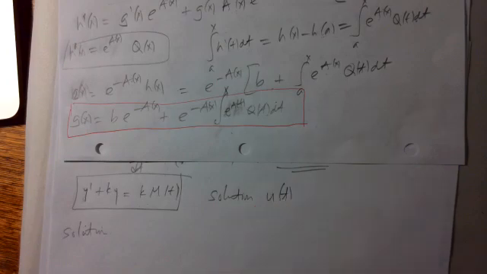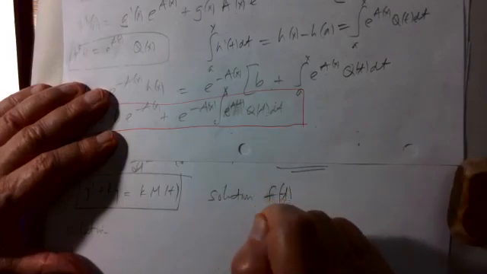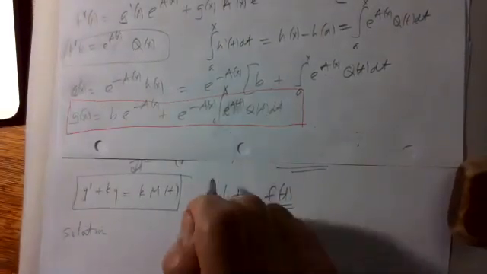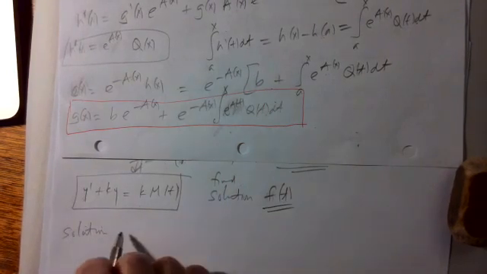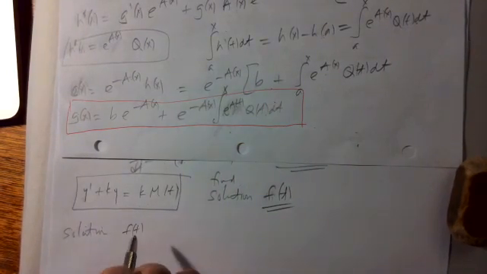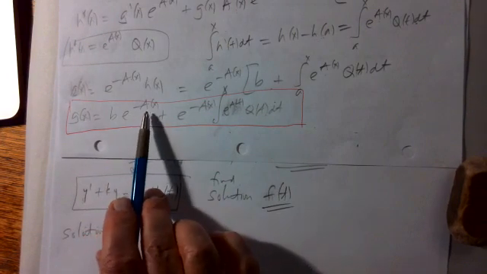Sorry, f of t. But it's not f of x. So we want to find a solution, f of t, which is going to be equal to b e to the minus a of t.